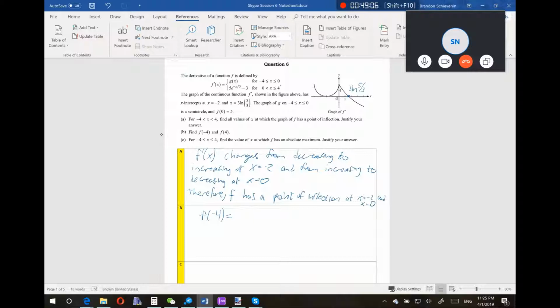Not 2. So we need a point that we know the y value for on the original graph. Zero, which is height. Okay, cool.